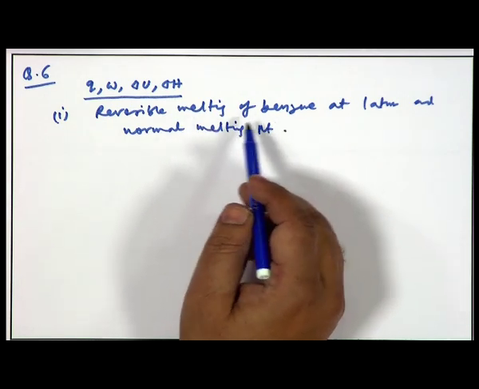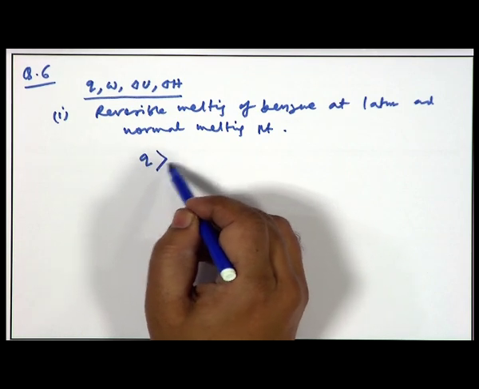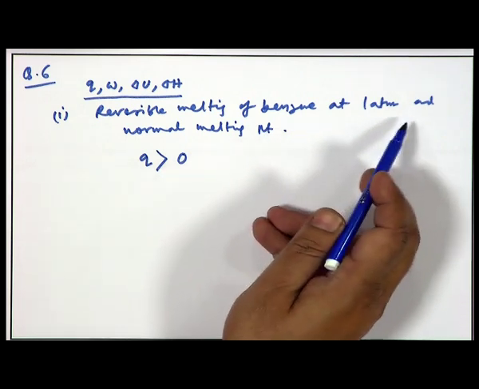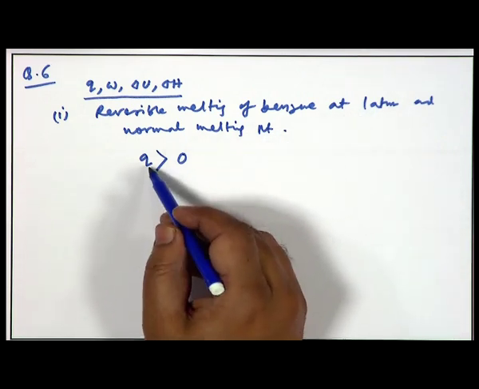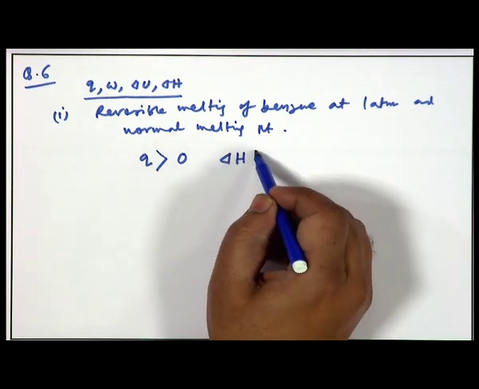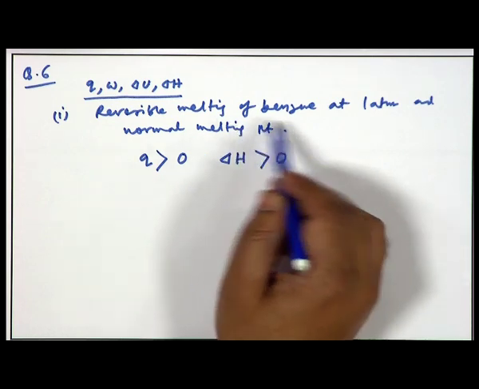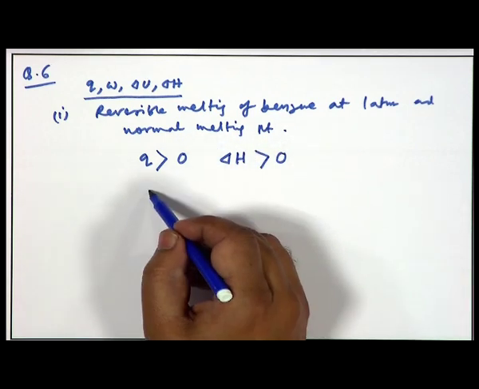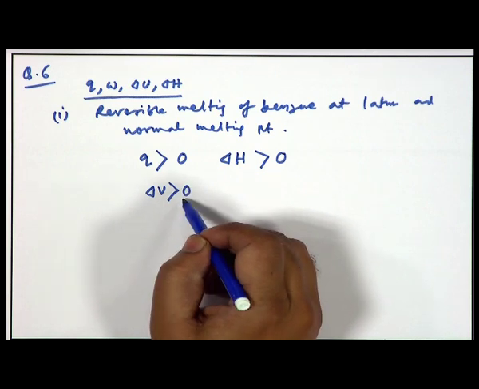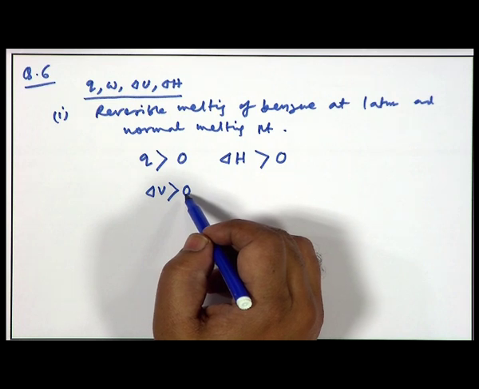Now, the melting process requires heat in the system. So, q must be greater than 0. This is a constant pressure process at 1 atmospheric pressure. So, q is qp, which equals del H. So, del H is greater than 0. Now, in this case on melting volume increases. So, del V is positive, even though it is very small, but it expands.